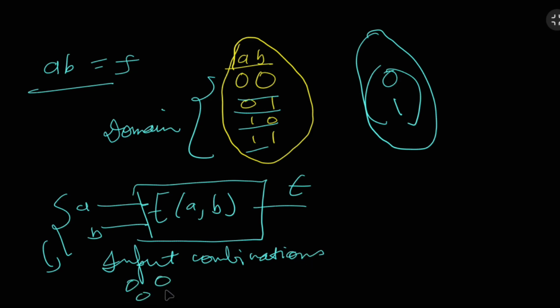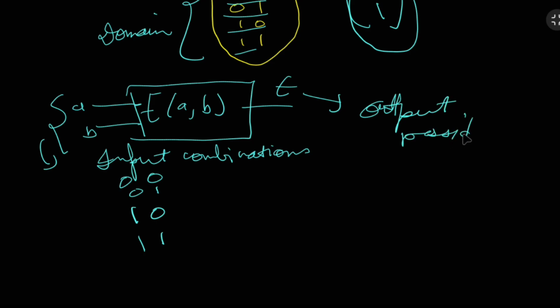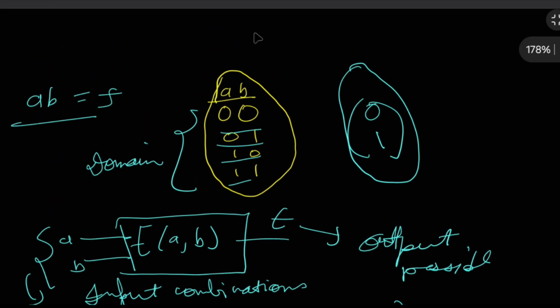These are the input combinations: 00, 01, 10, 11. These are the outputs possible, 0 and 1. So this is the idea. Domain is your input combination and your codomain will be this.